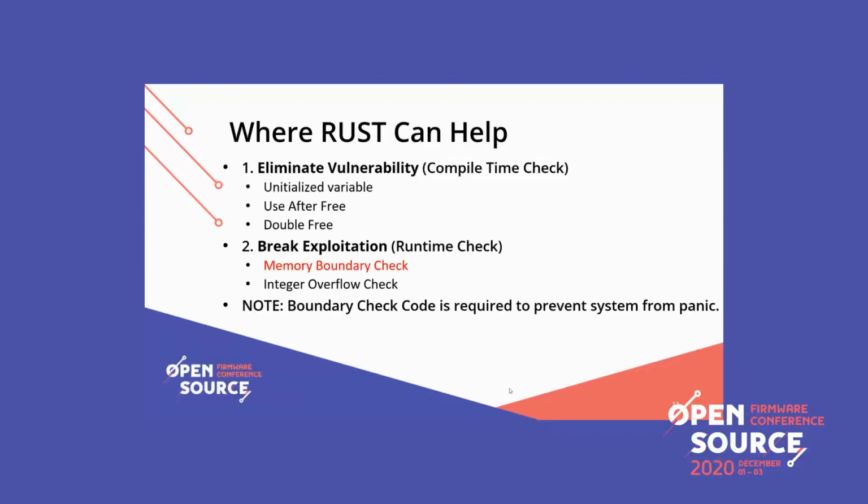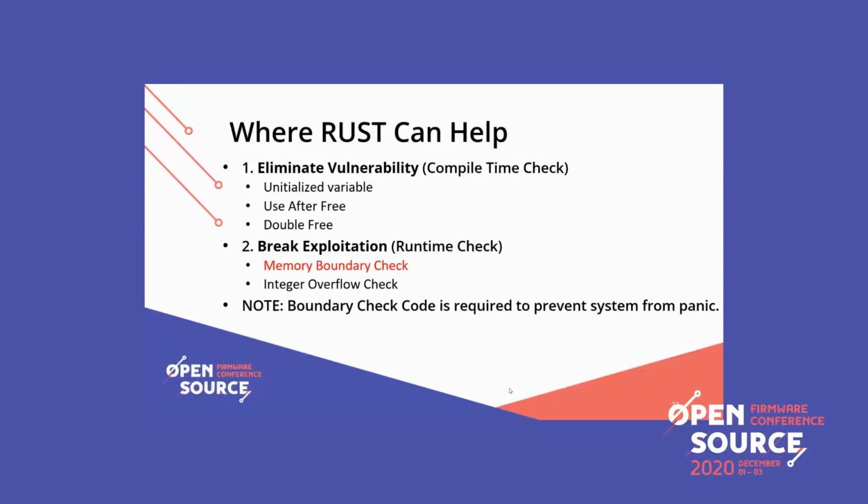Rust can help generate runtime checks for memory boundary checks or integer overflow checks. In case the developer cannot write code correctly, this violation can be caught at runtime and it can cause a dead loop. To avoid the dead loop, the developer needs to write correct boundary check code or use proper integer operation functions.